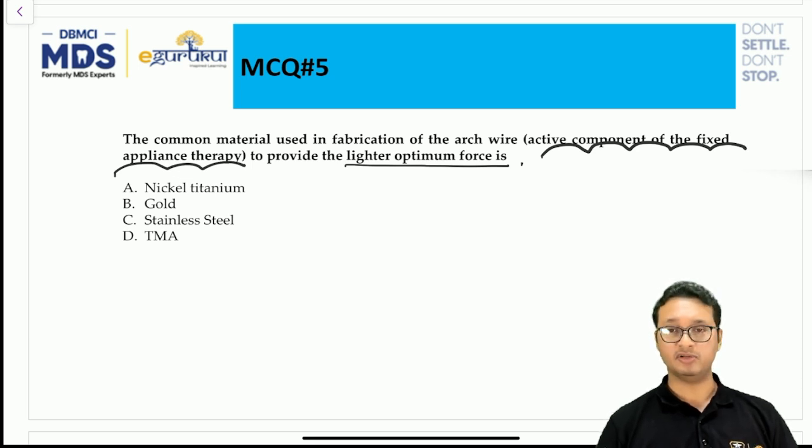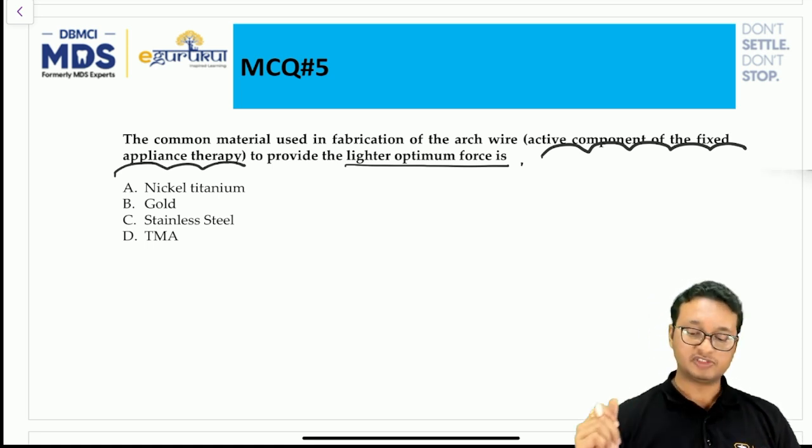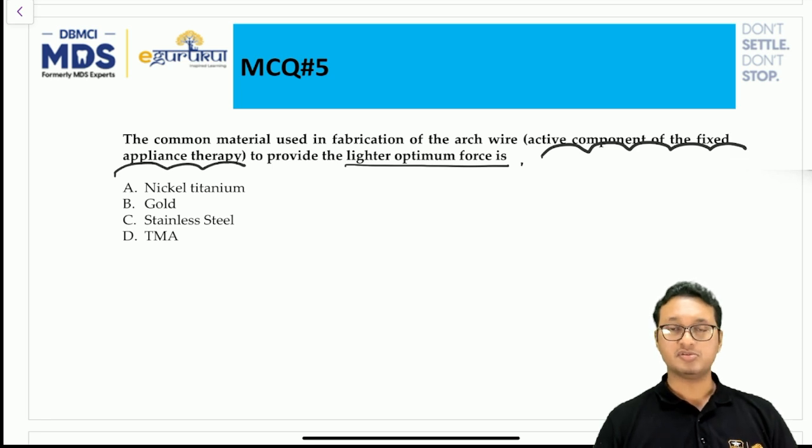That is what is desired, no? Light orthodontic continuous forces whenever we talk about fixed orthodontic appliances. So the first wire which should be used to unravel the crowding should be flexible enough, should have a large range of action, should be springy, and should be able to retain the shape memory.